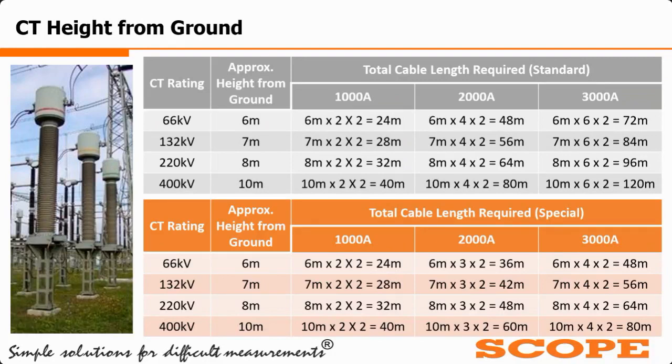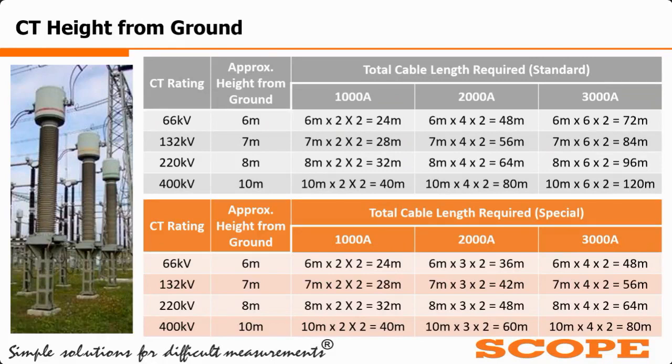For 132 kV, it is approximately 7 meters. As we go to higher voltage levels, the structure height increases, and accordingly the CT height increases. So for 220 kV it is 8 meters, and for 400 kV it is 10 meters.